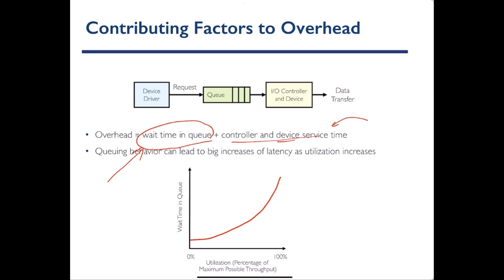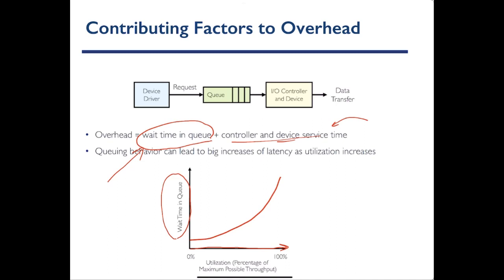Now let's analyze a little bit. Again, I'm not going to go deep into this one. In fact, I am going to skip all of it. So just this slide. So usually when you look at the wait time in a queue, this is as a function of how much you're utilizing this queue, how much data is being sent.